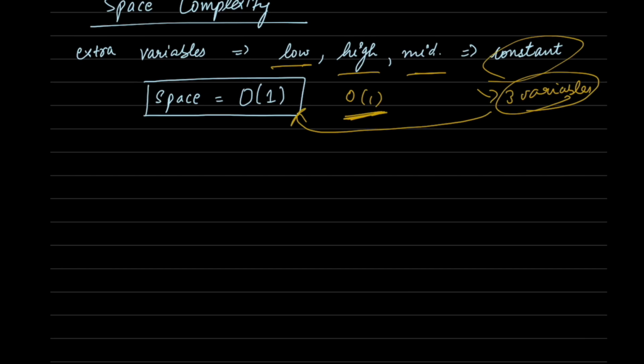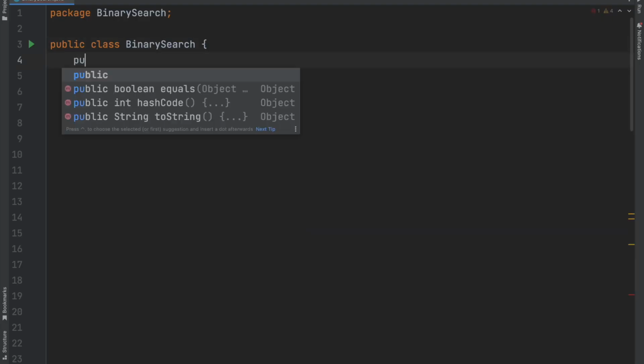So now let's move to the code of binary search. We'll start with a method.